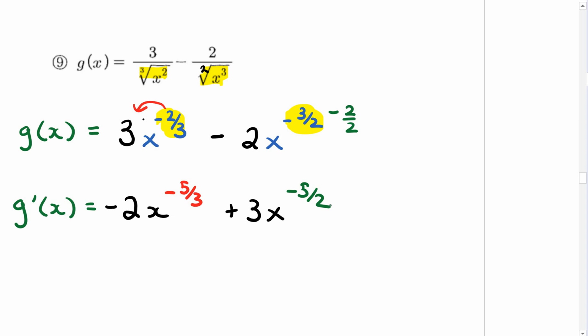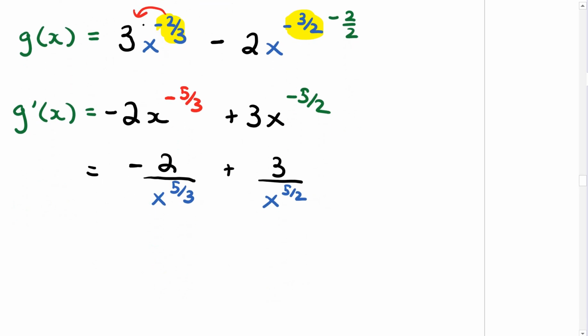Okay, so I actually think that's an okay answer to have. I believe the back of the book just has negative 2 over x to the power of 5 over 3, and then plus 3 over x to the power of 5 over 2. So I won't change it to a radical.